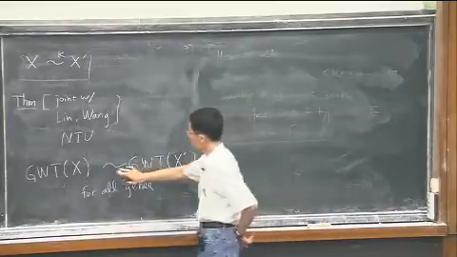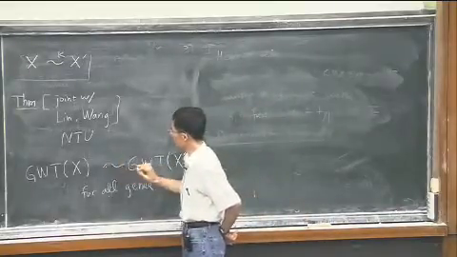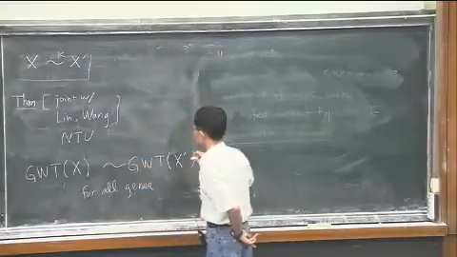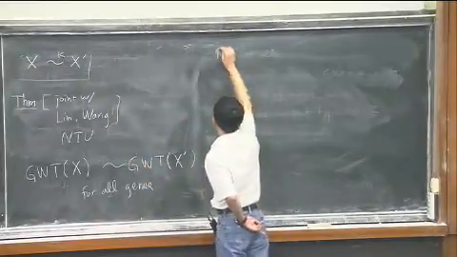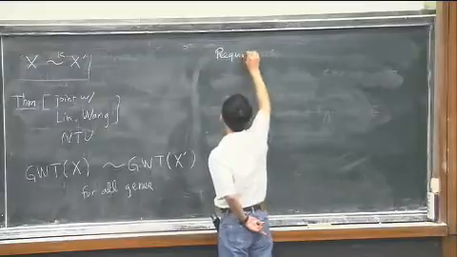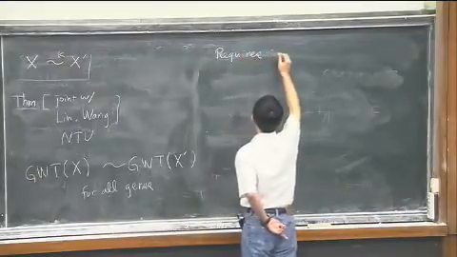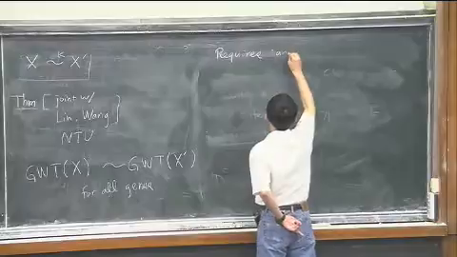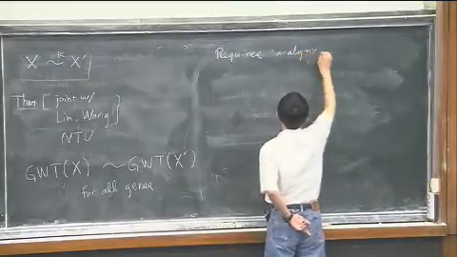But why do I put this weaker symbol instead of an equal sign? Because this actually requires what is called analytic continuation.